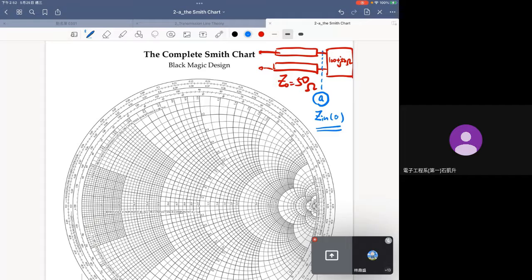Teacher, do we do it on the chart and then find that point? Yes. And take a picture, show me your answer is correct. Just one point. You don't need to make a circle. We will make the circle later. This is how to use the Smith chart.